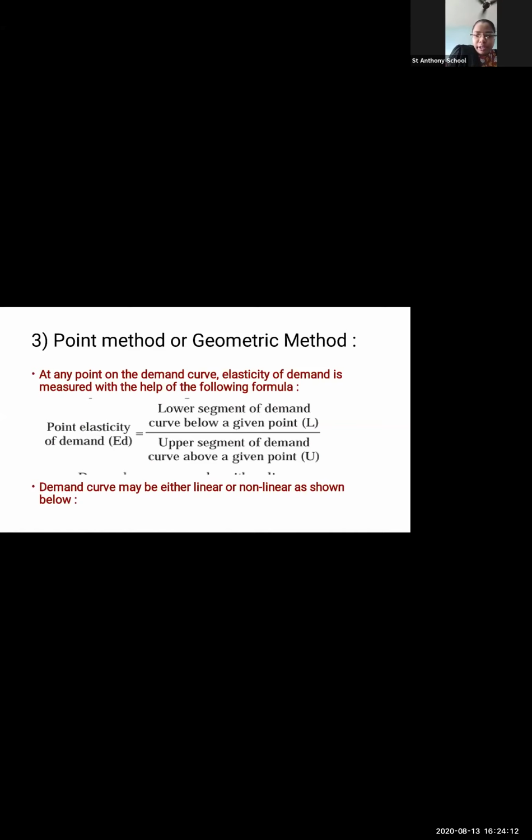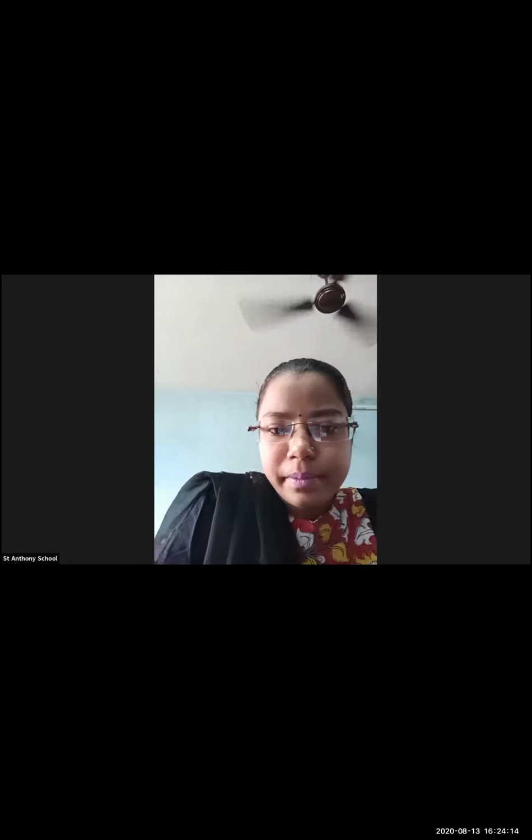What is linear? Linear means this is the y-axis, this is the x-axis. On the y-axis, what do we measure, students?